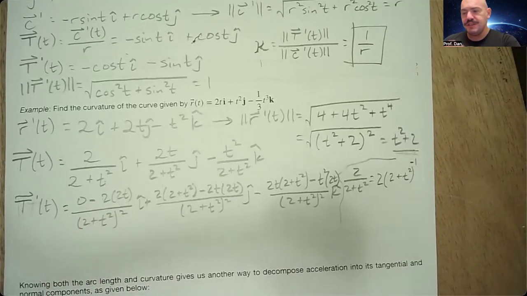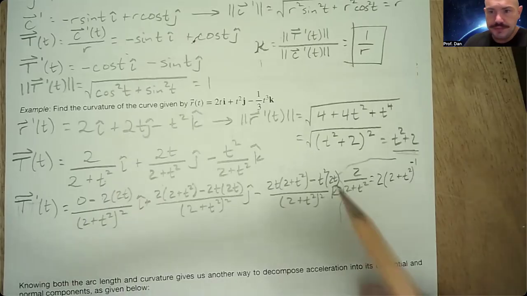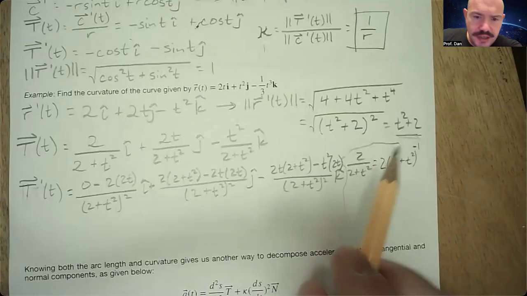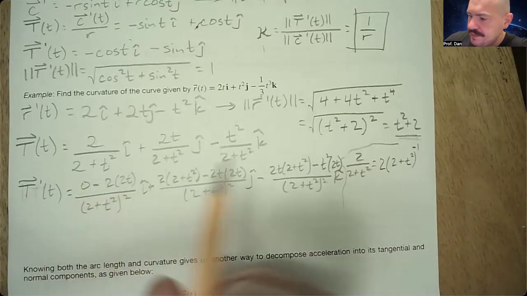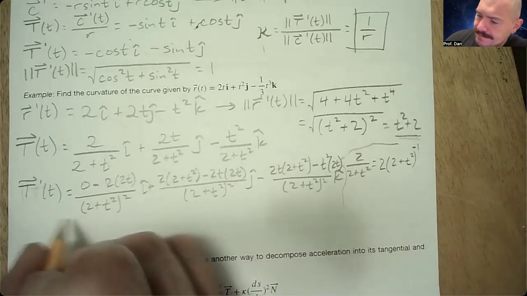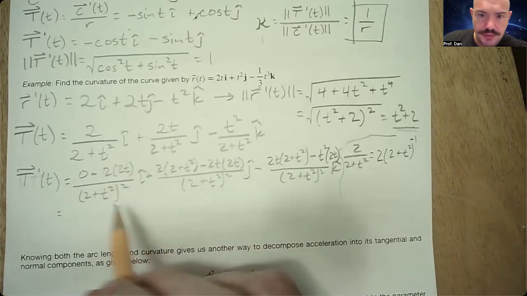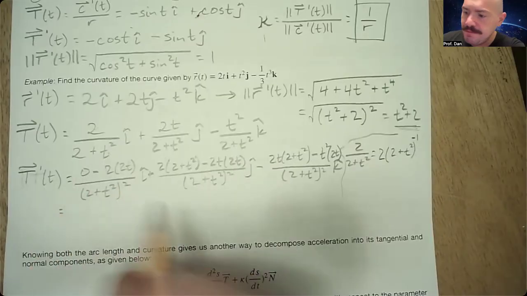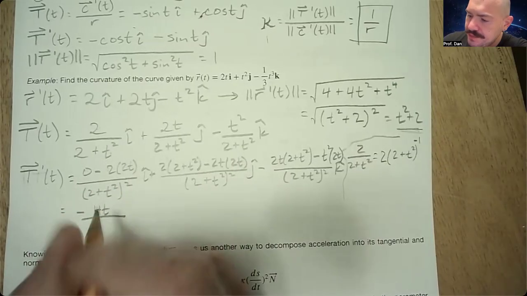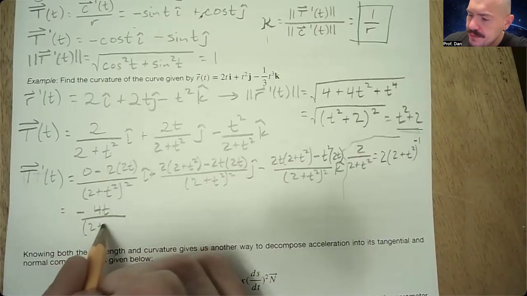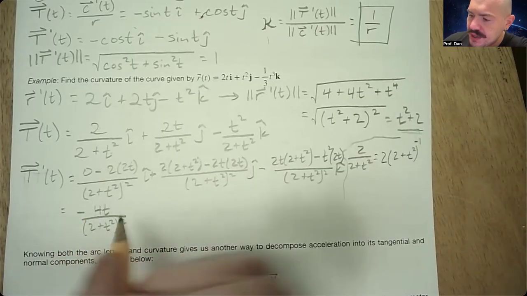But when I say, look at it, figure out what makes sense, that's an approach you can take. So before I do anything else with this, we're going to want to simplify our T prime. So we get negative 4t over this guy squared.